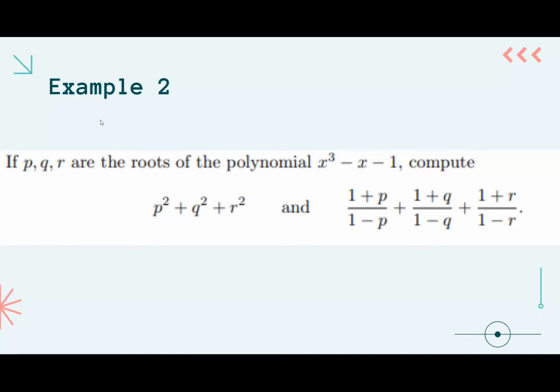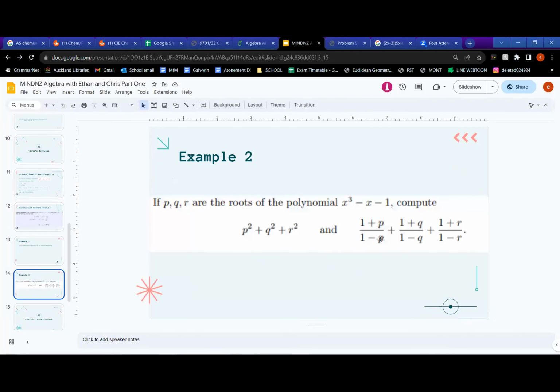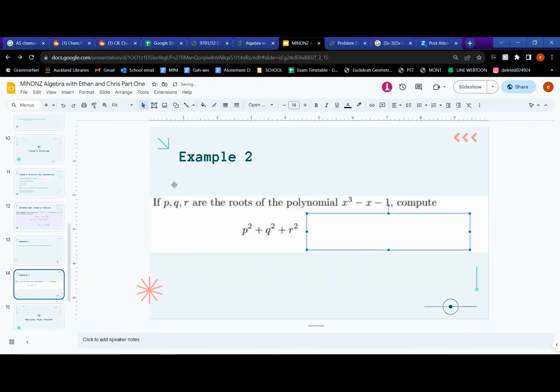Nah, I'm not going through that. No, I think p cubed plus q cubed plus r cubed is better. Okay, fine, I'll cover it back up, bro. There we go. Nothing happened there.